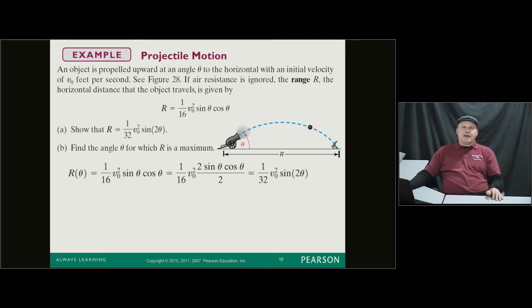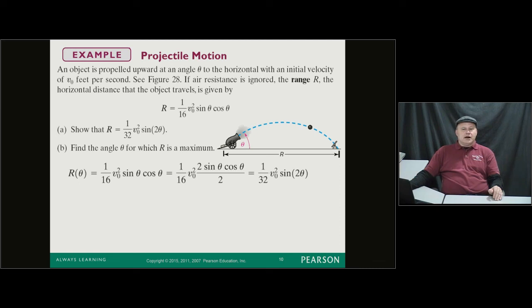So what does theta have to be in order for it to be a maximum? Well, the only way this is a maximum is if the sine of 2 theta is 1, because the initial velocity squared is already set. The sine of 2 theta falls between -1 and 1, so in this case basically between 0 and 1.